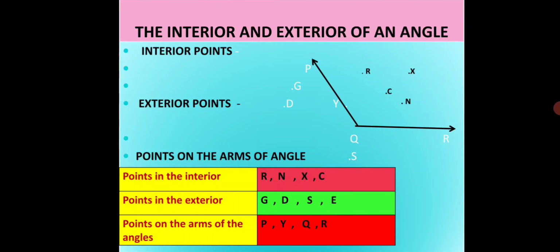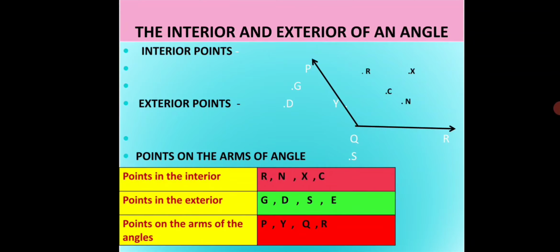Let us see the points in the interior. Here point N, point X and point C are present in the interior part of the angle. The exterior points are point G, point D, point S and point E. These points are present outside, that is the exterior part of the angle.